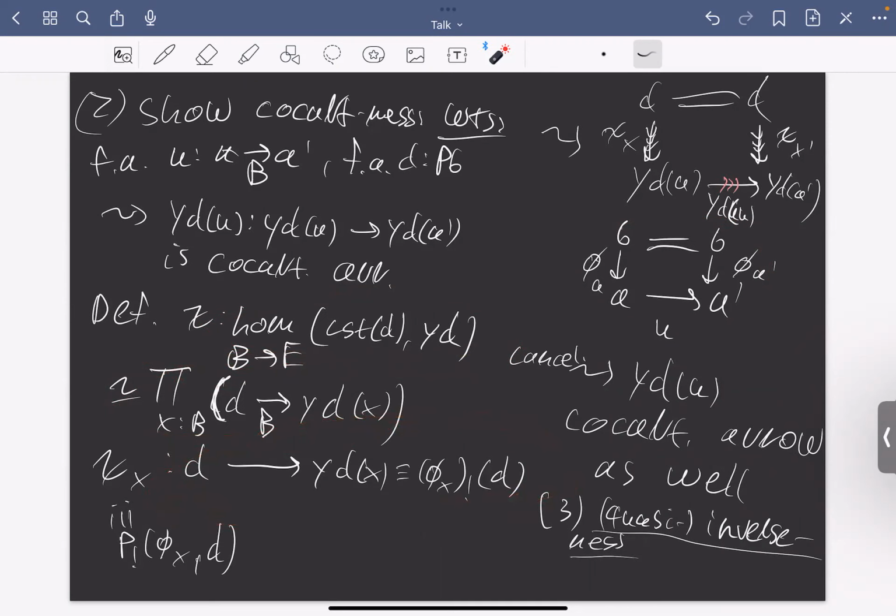You can use the naturality from what you've proven before, but you don't have to show it. And I think that's quite neat. So if you want to read up on this, you can look at Ulrik's and my paper from 21.